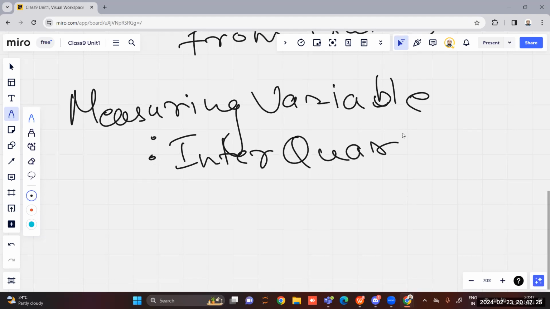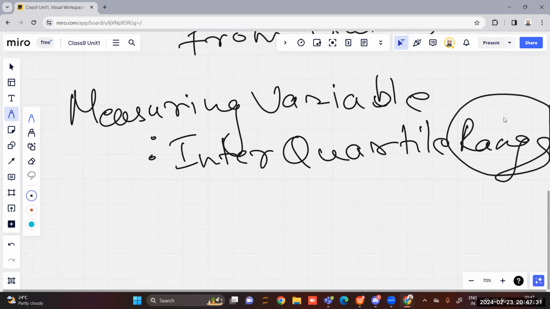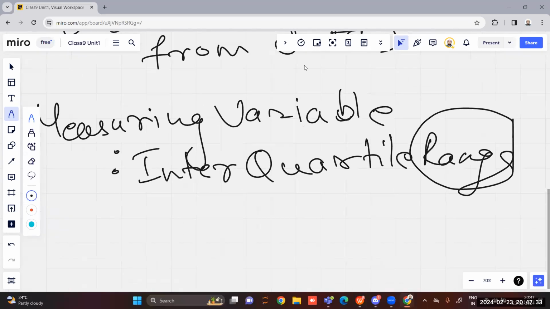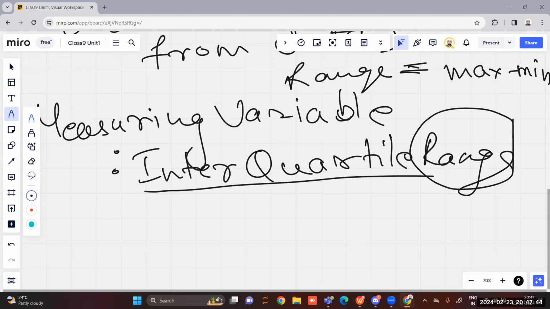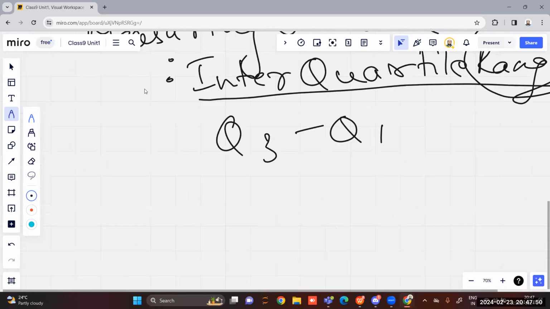We have studied range. What was the formula for range? Can you recall it, Zaid? Maximum minus minimum. Very good. Okay, so what's the formula for interquartile range? It's Q3 minus Q1. So now the question comes, what is Q3 and what is Q1?